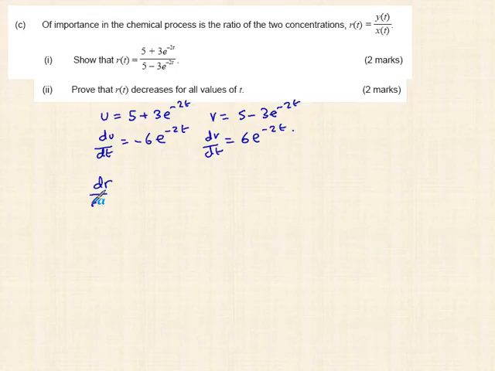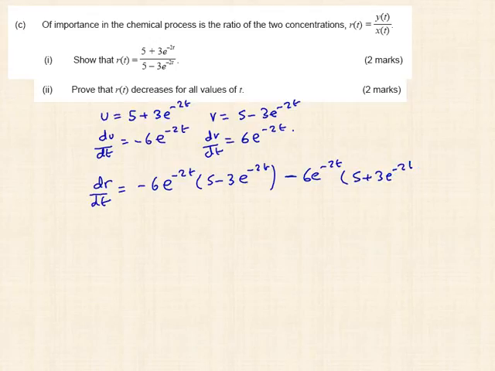So dr/dt would be negative 6e to the negative 2t times (5 take away 3e to the negative 2t), take away 6e to the negative 2t times (5 plus 3e to the negative 2t), all divided by (5 minus 3e to the negative 2t) all squared.